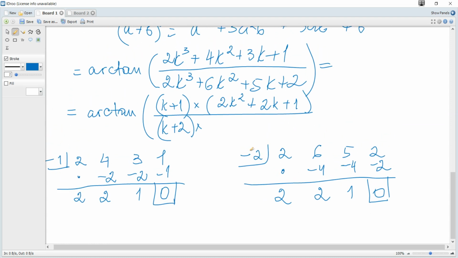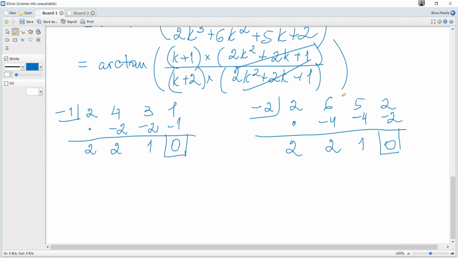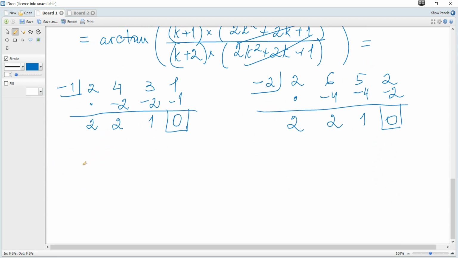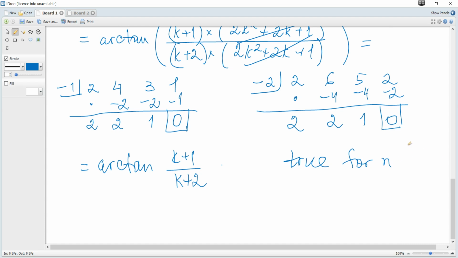So -2 is a root, k plus 2 is a factor, and this polynomial becomes k plus 2 multiplied by 2k squared plus 2k plus 1. We can see that it cancels and we get what we need: arctan of k plus 1 divided by k plus 2. Hence true for n equals k plus 1.